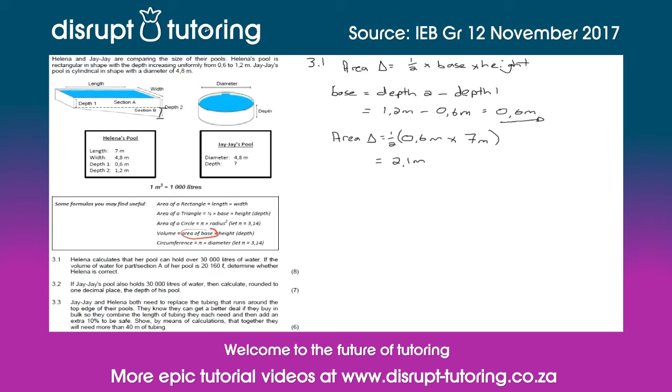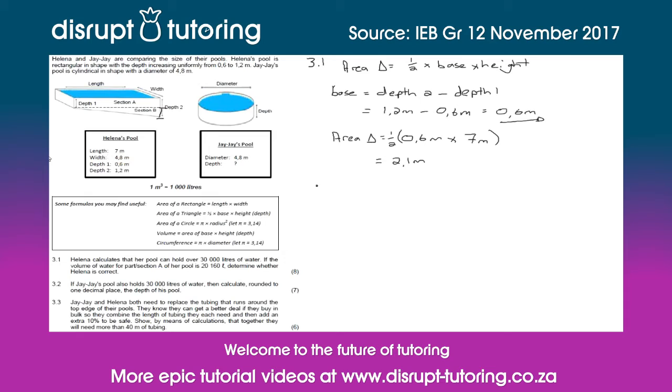Okay, so now we've got the area of the base for this volume. Now we need the height, but if you think about it, if we're using this triangle over here, the height, or referred to as the depth, would be this line that spans going that way into the pool. So it's basically this line that's marked as width. If we imagine going the depth of this triangle, it's going to be that line there. And we know that the width is 4,8 meters.